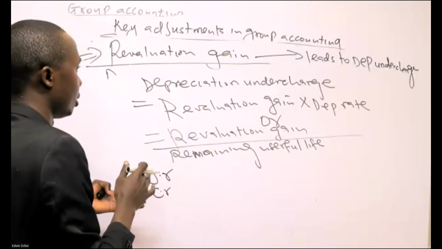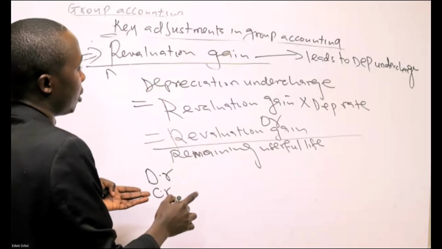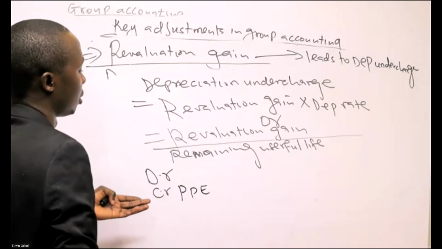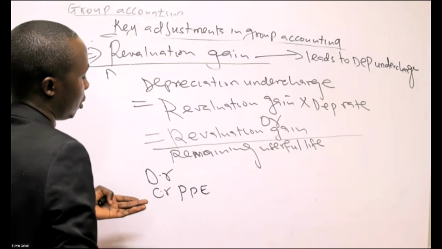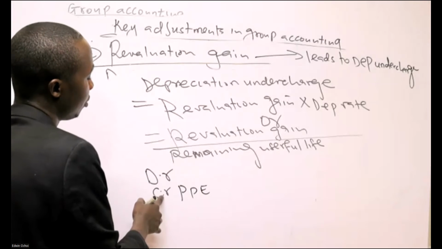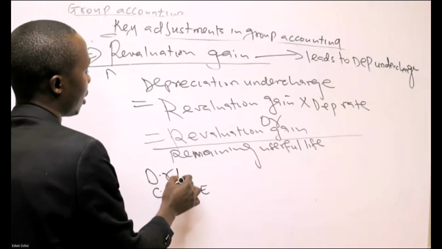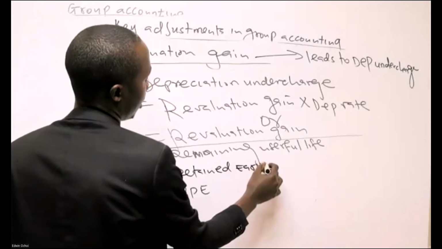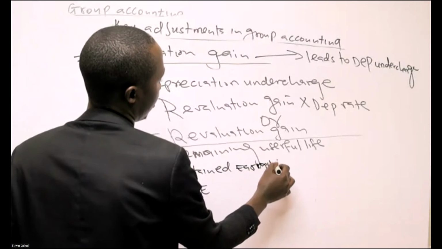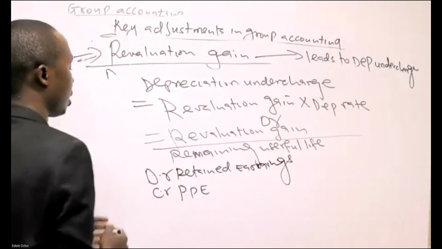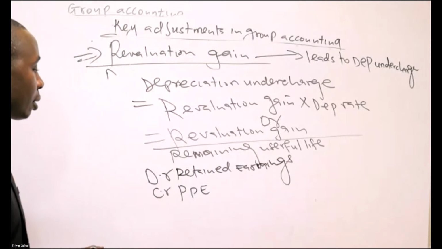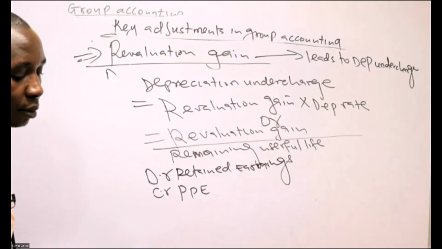Let me withdraw my earlier statement. To correct that, under the assets you have to minus, and under the retained earnings you have to minus. Minusing under the retained earnings is debiting, and minusing under the asset account is crediting.